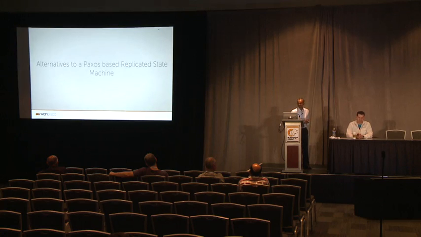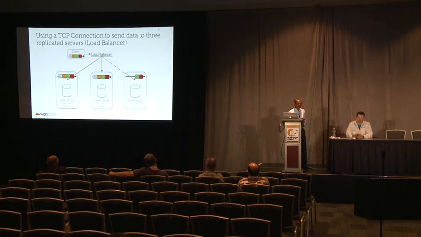I'd like to make a brief note of possible alternatives to a Paxos-based replicated state machine and point out the flaws in those. One obvious way to do it is to use a TCP connection to send the data to 3 of these replicated servers. This is normally called the load balancer option.